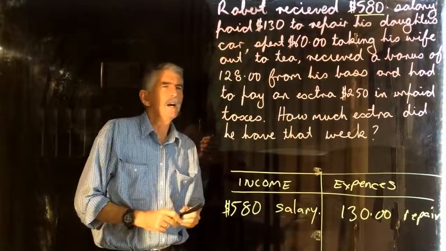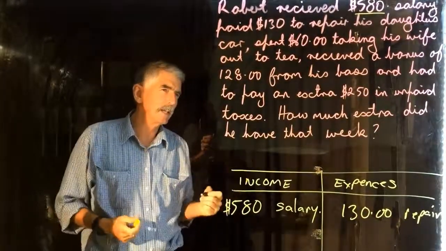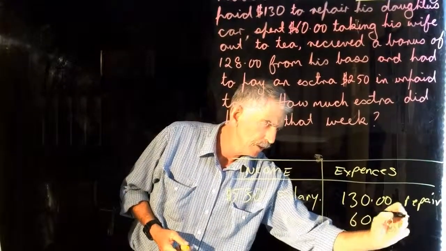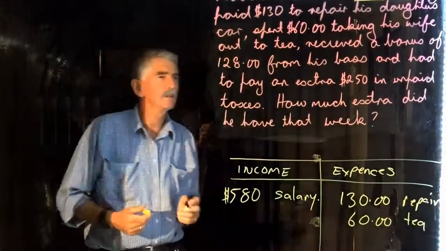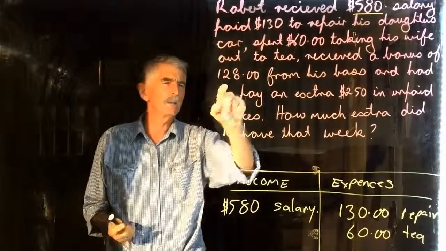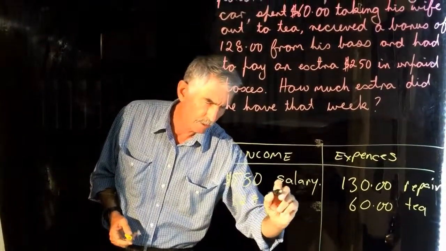And then we have an additional $60 which he spent taking his wife out to tea. So we write $60 down here. We'll call that tea, which is a very good investment. And then we received a bonus of $128 from his boss because the boss was being very generous that week.